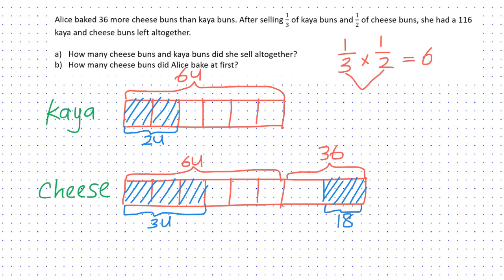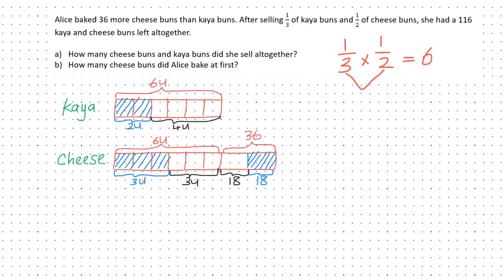The rest will be the number of buns which are left, which I will highlight in black. So that's 4 units of kaya buns which are left, and 3 units of cheese buns plus this 18 here.